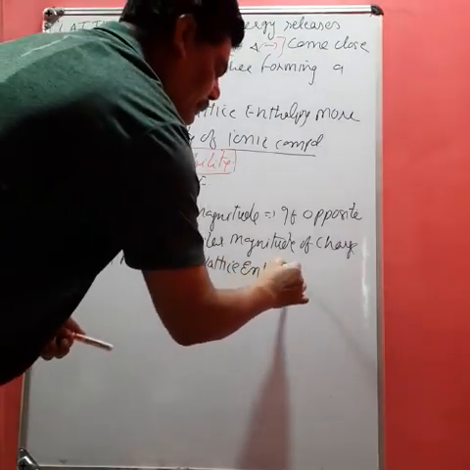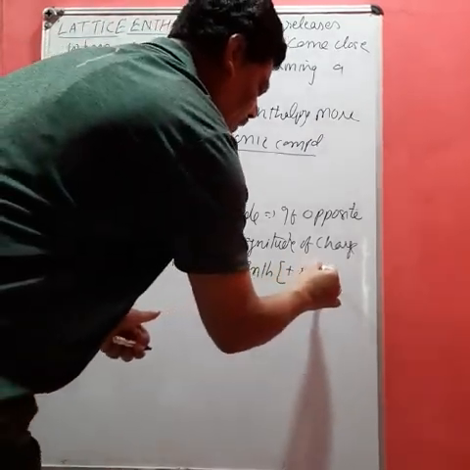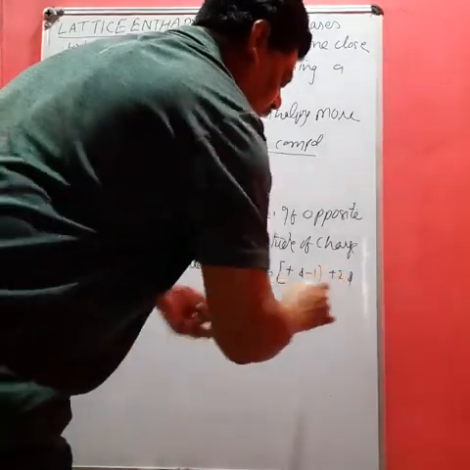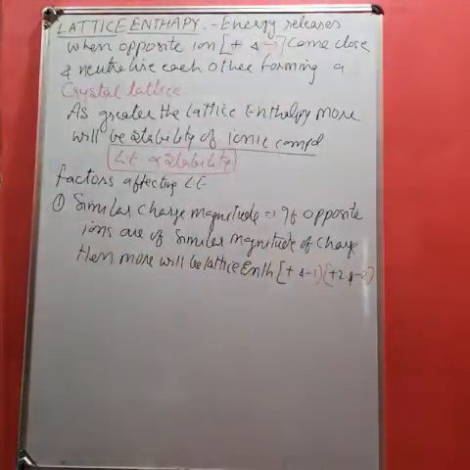Like what? If plus 1 and what? Minus 1, or you can call plus 2 is neutralized by minus 2, then the more will be the lattice enthalpy.